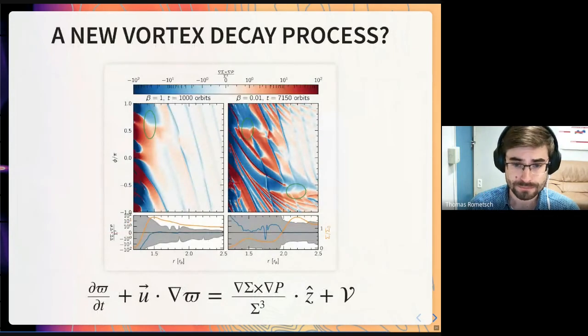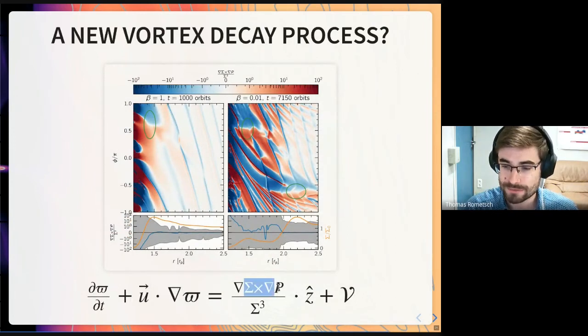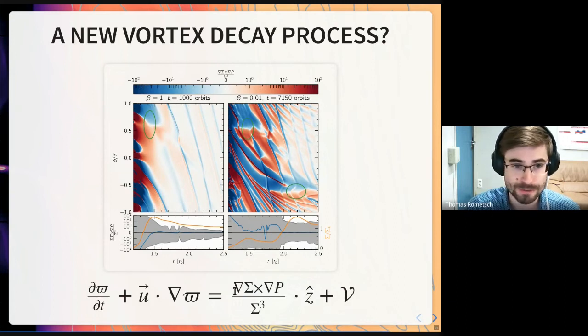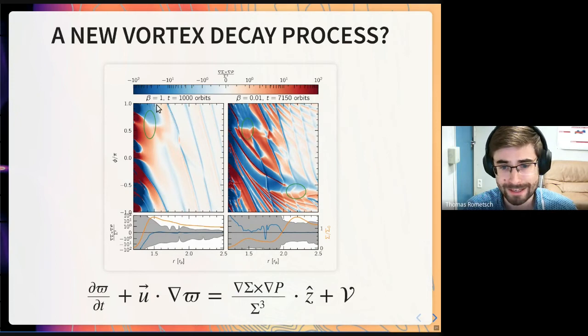And now I showed you this evolution equation of vorticity before, and we have this first term here. Since our pressure does not only depend on density, but also on the sound speed, which depends on temperature, this term plays a role. Here you can see the distribution of this term.